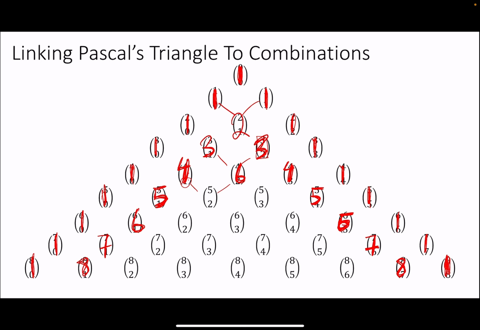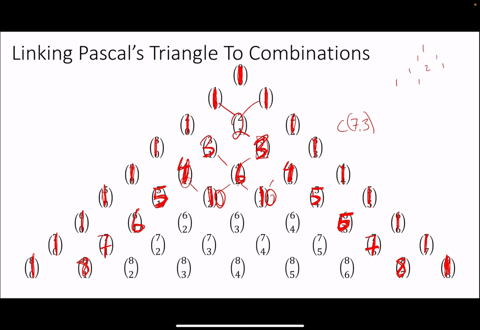5 choose 2, that's going to be 10. Now it's not so obvious here. 6 choose 4, that's also equal to 10, right? So you can see that Pascal's triangle is a quick way to solve a combinations problem, right? If I have Pascal's triangle ready, 1, 2, 1. If I say, what's 7 choose 3?